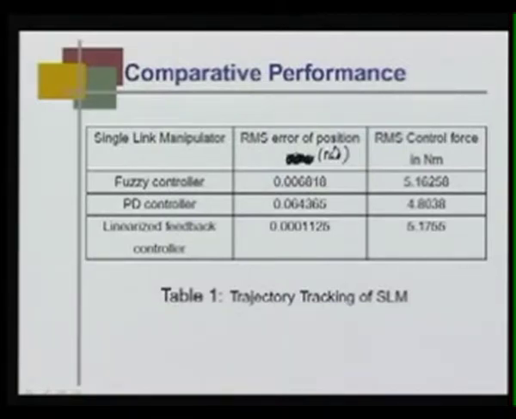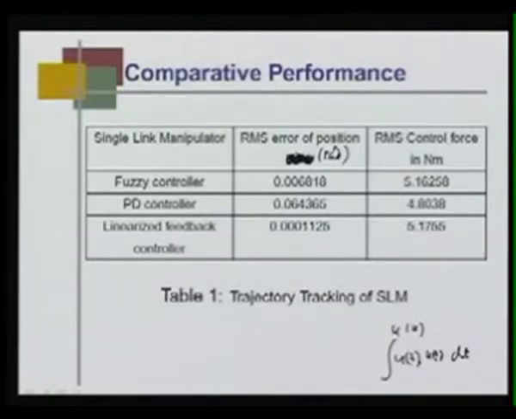So, total control at every time: if I have u(t) squared into dt, I find it out, then average it, then take the root mean square.